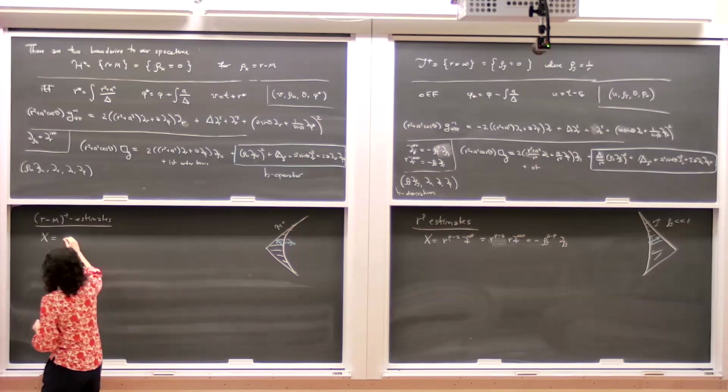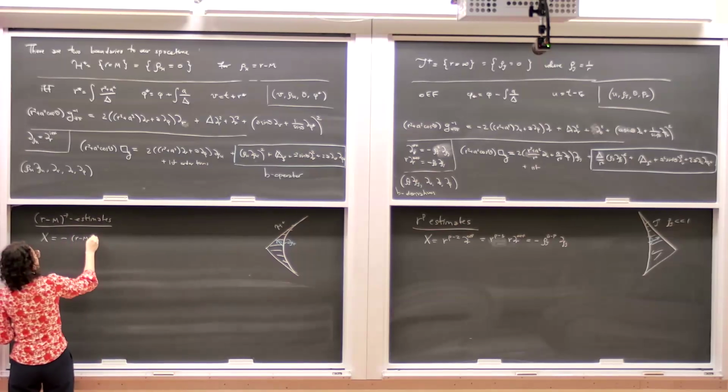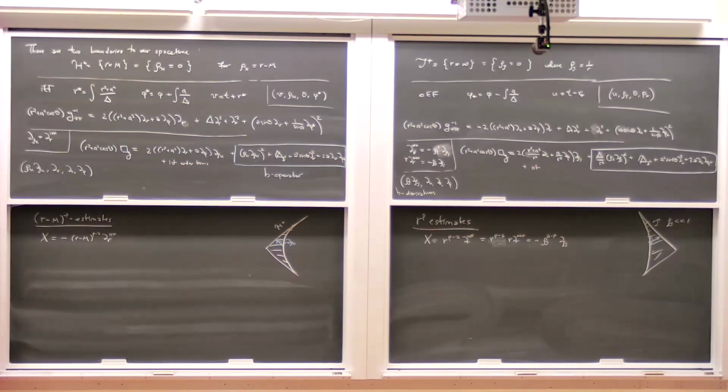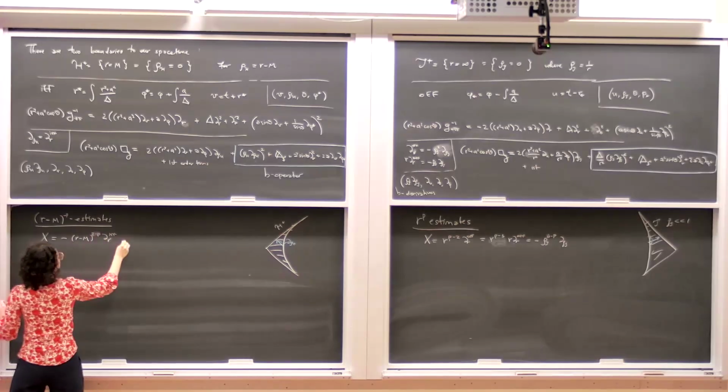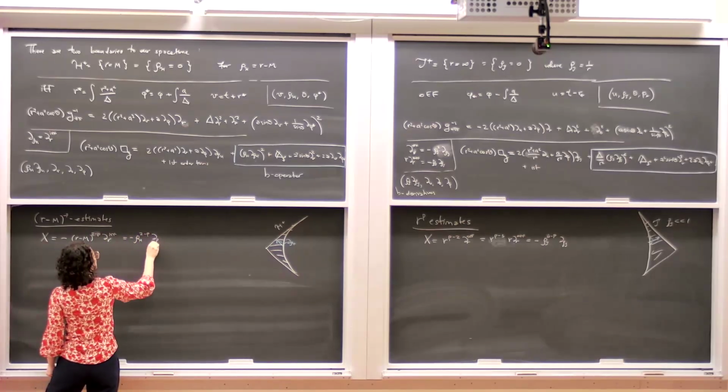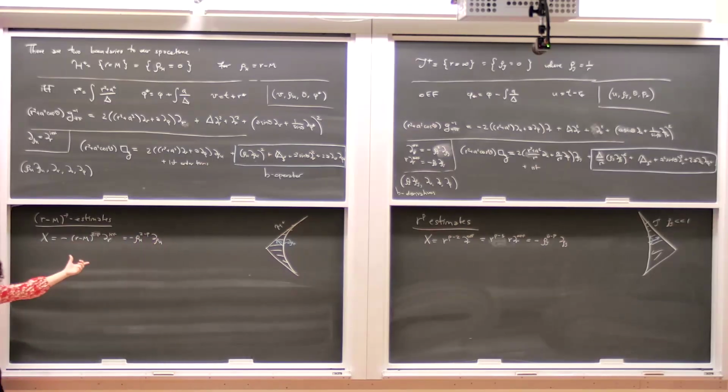So you will have again minus (r minus M)^(2 minus p) ∂_r. Of course it's 2 minus p. And then this is minus rho_H^(2 minus p) ∂_rho_H. Again, just a weighted version of those derivatives.